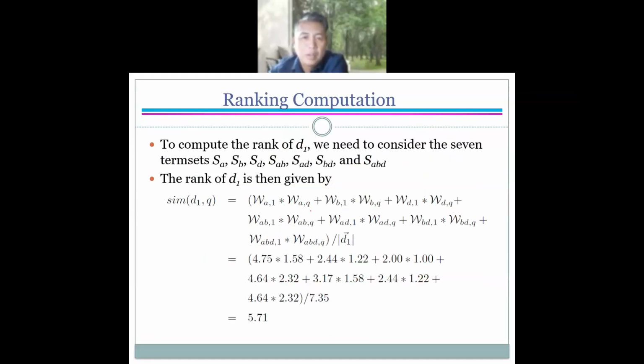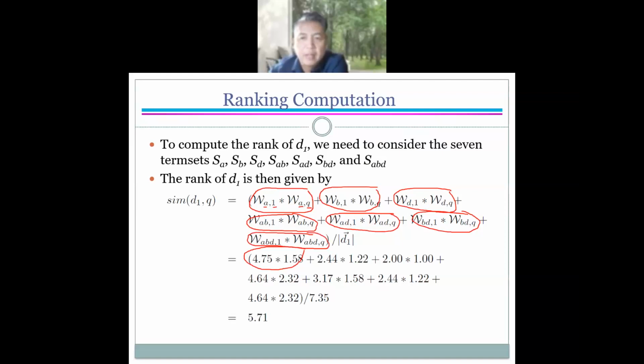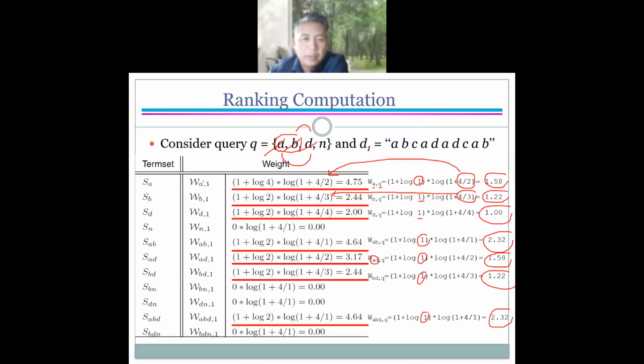So this one will be multiplied with this using the same keyword here, but from different document 1 and Q. We get that one, and then we add up again for this second component, third, fourth, fifth, sixth, and seventh. So we have 7 components here. 1, 2, 3, 4, 5, 6, 7.